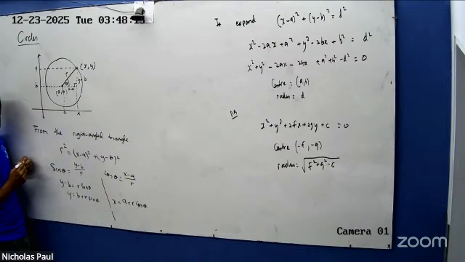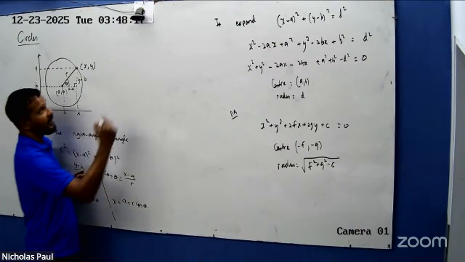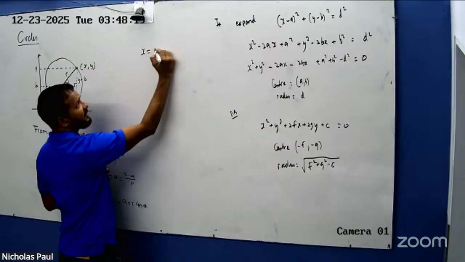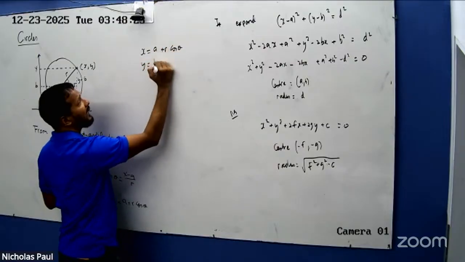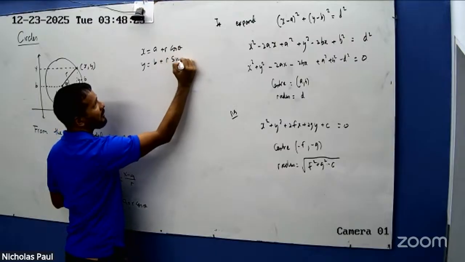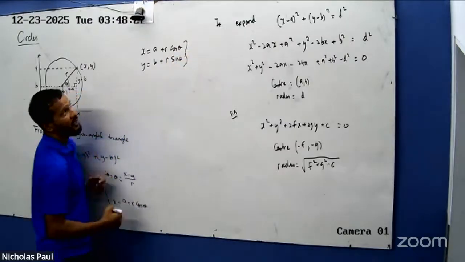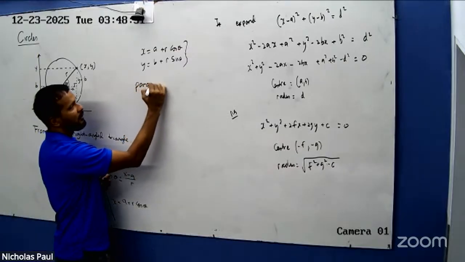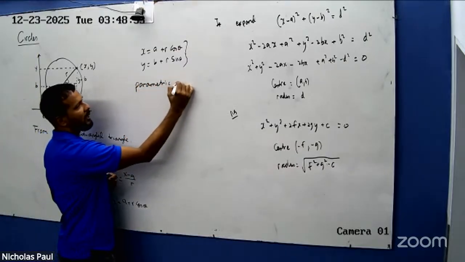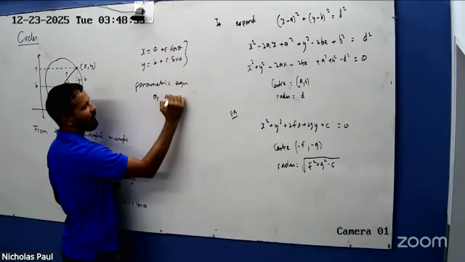You okay with that? So these two equations, x in terms of theta and y in terms of theta, are the equation of a circle, right? We call them the parametric equations of a circle.